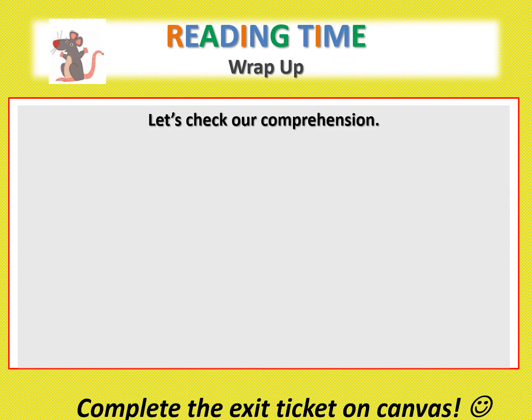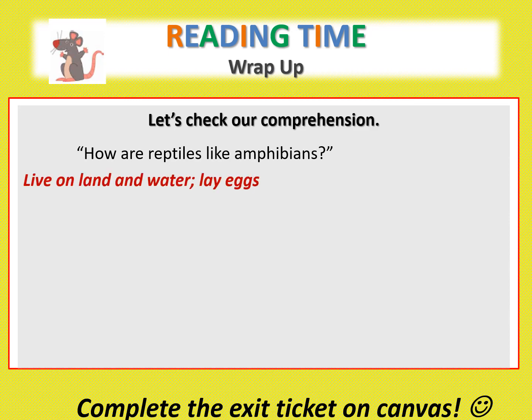So now that we've finished this chapter, let's check our reading comprehension. So how are reptiles like amphibians? Yes, they both live on land and water and they lay eggs. Name 4 animals that are classified as reptiles.